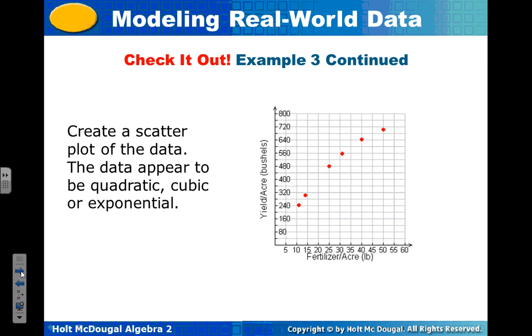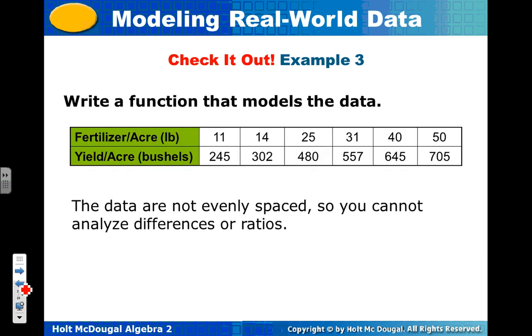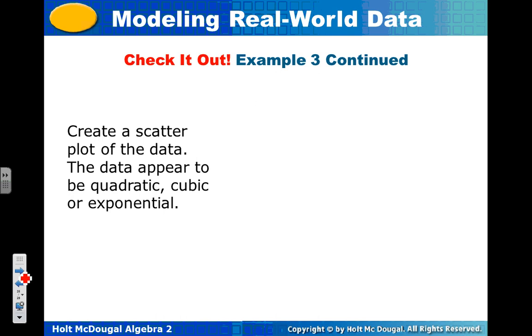Same thing. Here it comes, kind of flattens out. Okay, so it's one of those three. So again, go back to this data right here. Type the top line in for L1, the bottom line in for L2, and then find a cubic regression, a quadratic regression, and an exponential regression, and compare their r squared values.